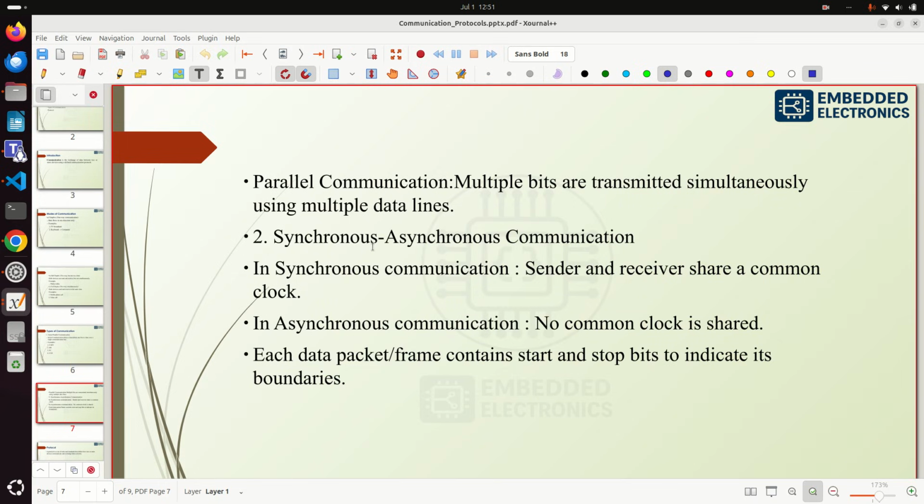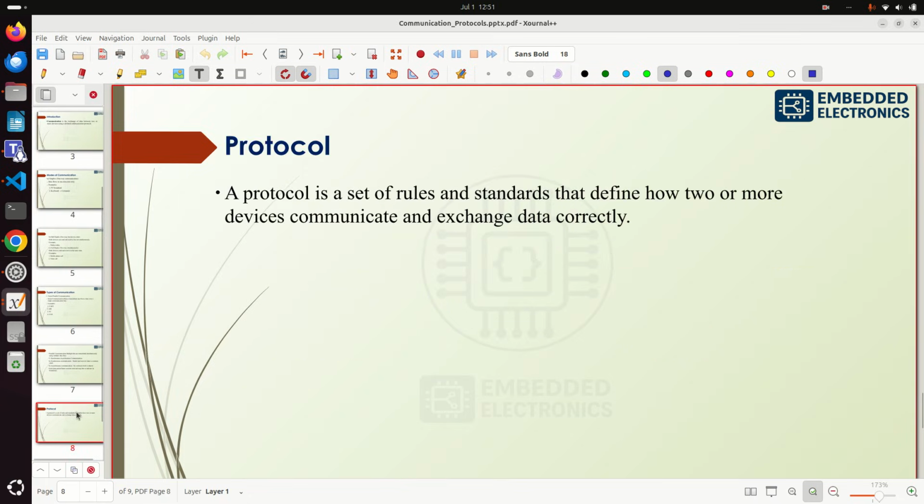Communication happens with respect to a trigger. First it has to generate a trigger and get the attention of the receiver, and then communication will happen. Each data packet or frame contains start and stop bits to indicate its boundaries. So this is about asynchronous communication.